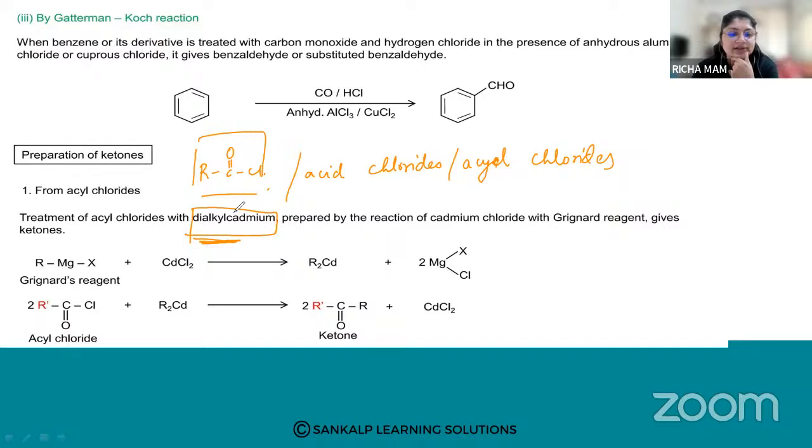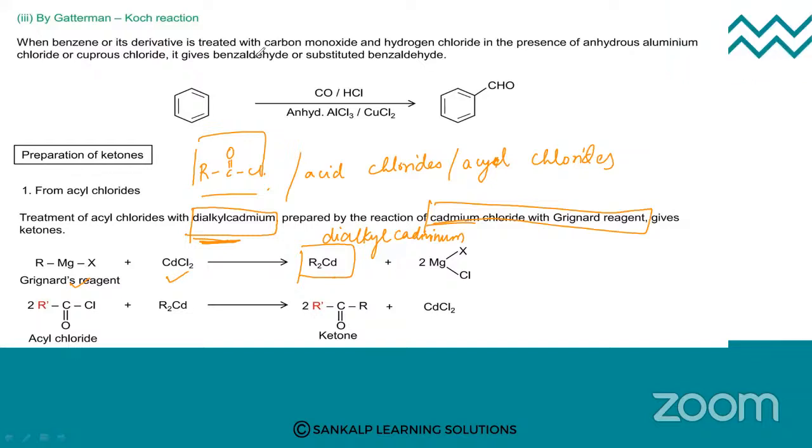By reacting cadmium chloride with Grignard reagent, we are going to get a dialkyl cadmium.